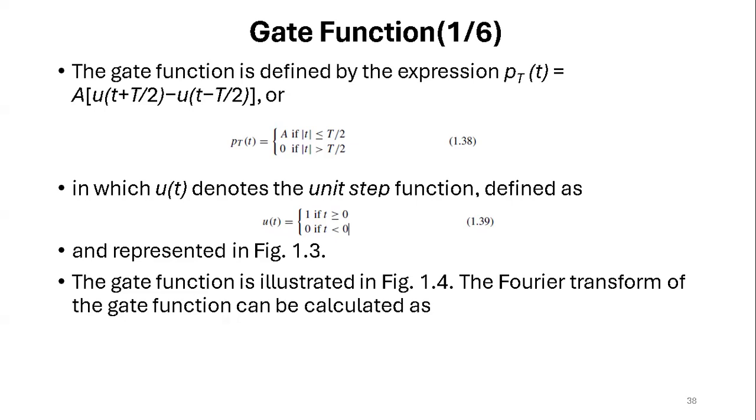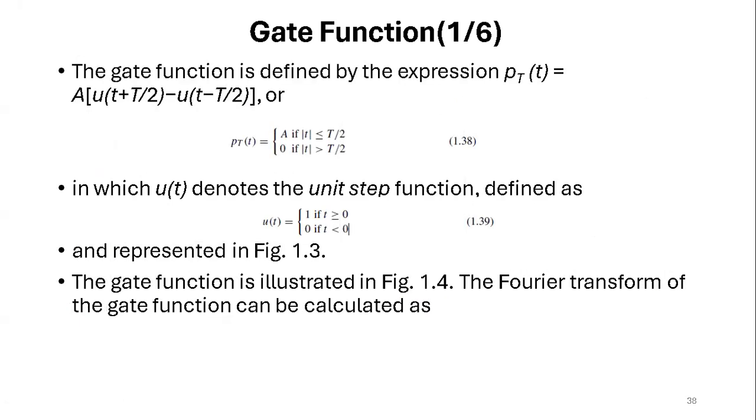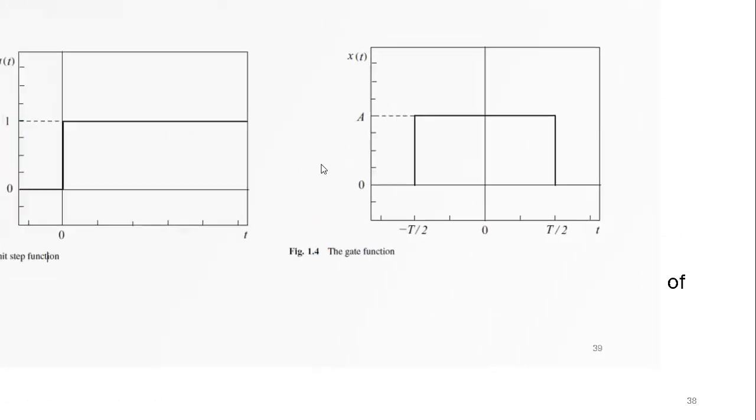The gate function is listed in figure 1.4. The Fourier transform of the gate function can be calculated. Now, this is the figure of the unit step function, and this is the gate function figure, and the previous slide is mentioned. This is the unit step function, and this is the gate function.